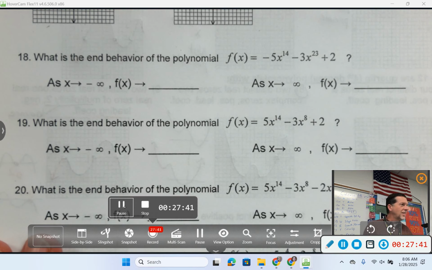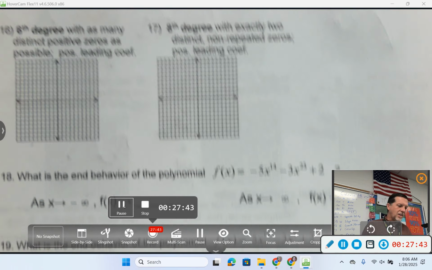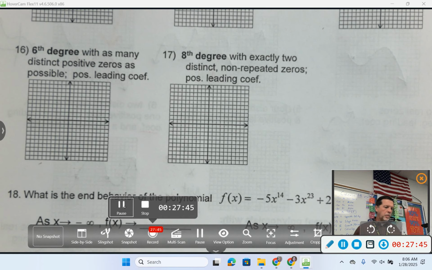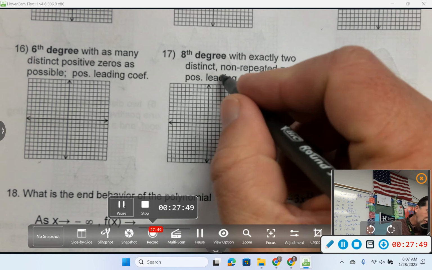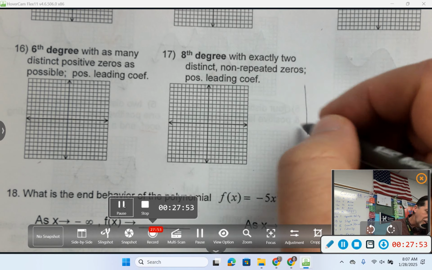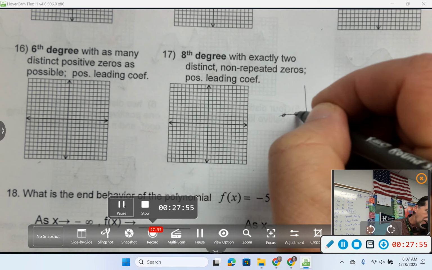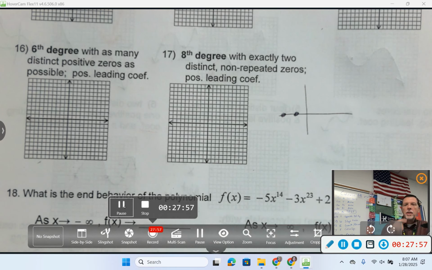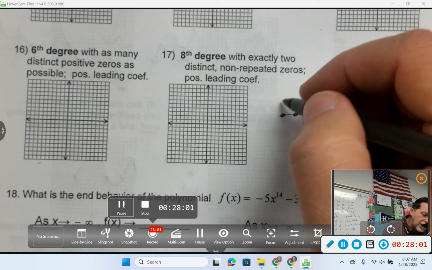Which one? 17. 8th degree, goodness. 2 distinct, non-repeated zeros. Positive leading coefficient. It's got an end going up.